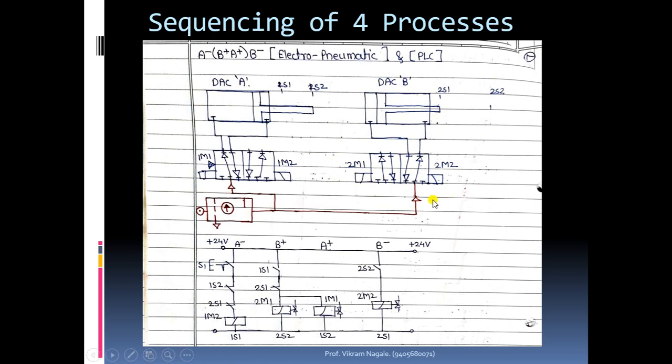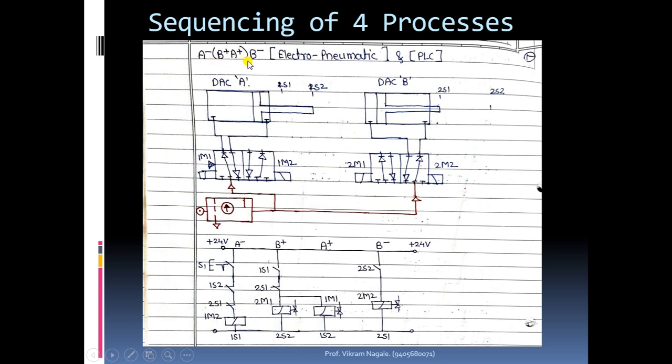So here, see, 1s1 will get closed after completion of the first process, that is A minus. 2s1 is initially closed, supply will be given to the 2m1 and 1m1 coils, and we will get B plus and A plus together, because in that case the processes start and end at the same time. So this is the first task, that is A minus.